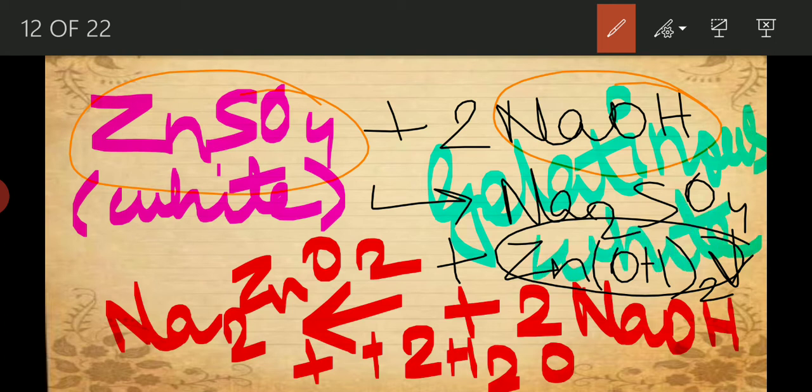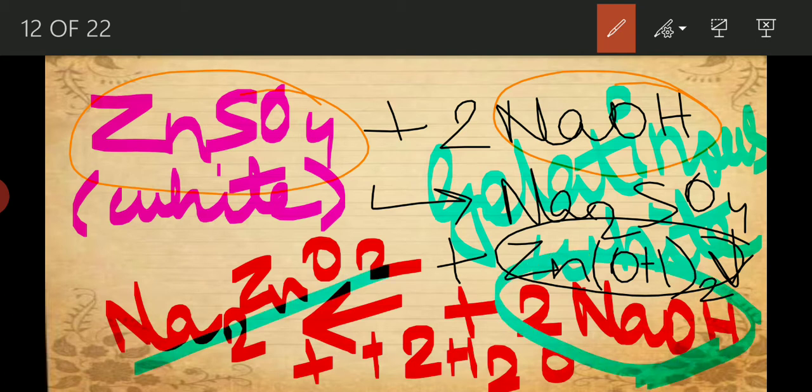When zinc hydroxide again reacts with NaOH in excess, then you will get sodium zincate, Na2ZnO2. Clear? That is a colorless solution.